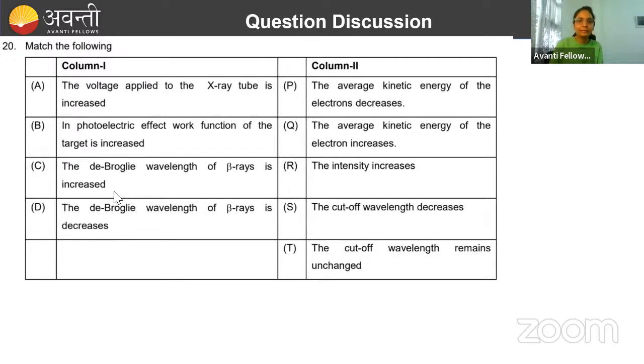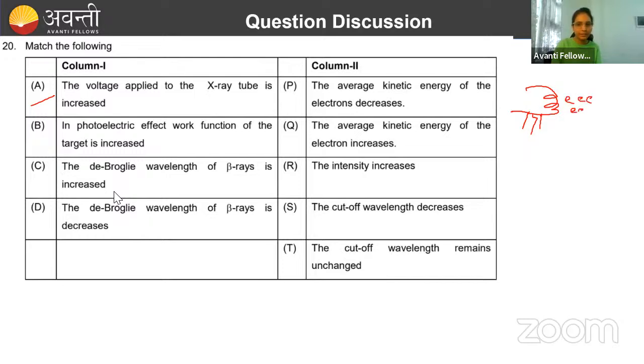Like in the previous classes, I have discussed the X-ray tube and also modern physics. So let's first discuss it. The first thing was that the voltage applied to the X-ray tube is increased. What did the X-ray tube look like? There was a tungsten filament, and it was getting heated, and because of that, thermionic emission of electrons was happening.